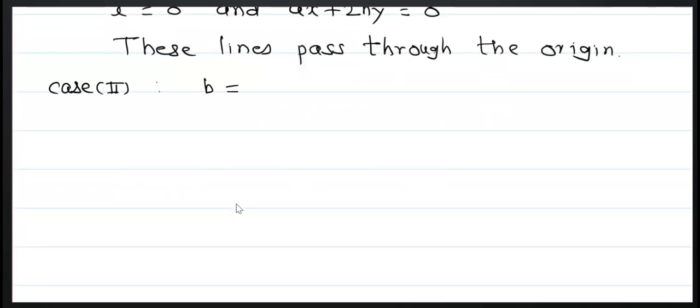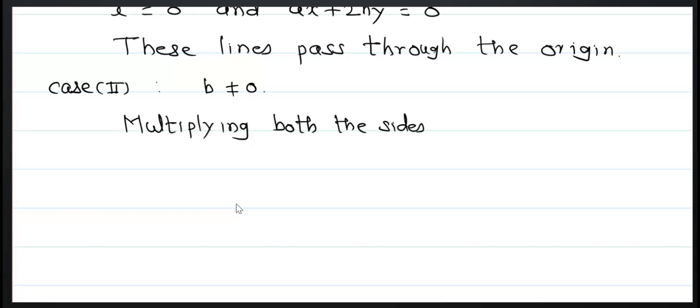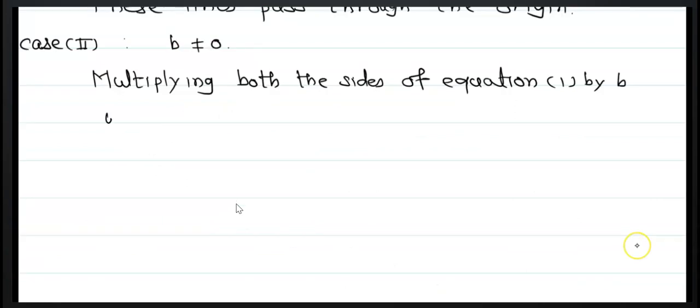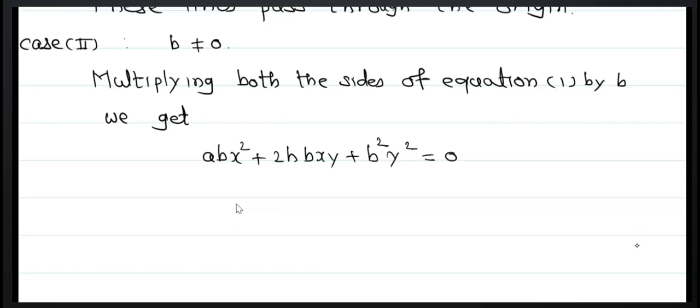Case 2, b is not equal to 0. Multiply on both sides by b in equation 1, then you will get abx square plus 2hxyb plus b square y square is equal to 0.